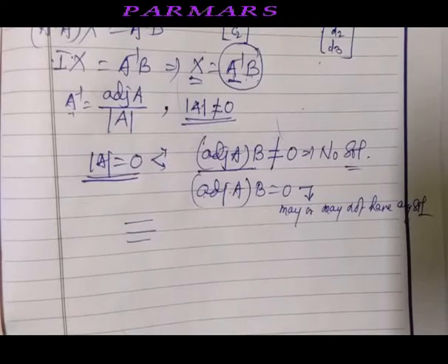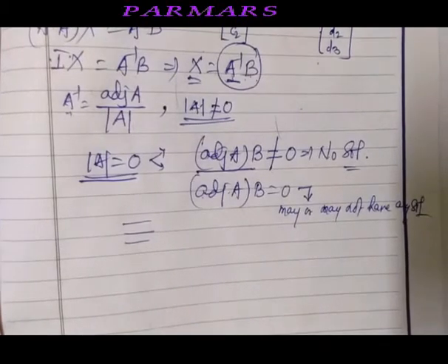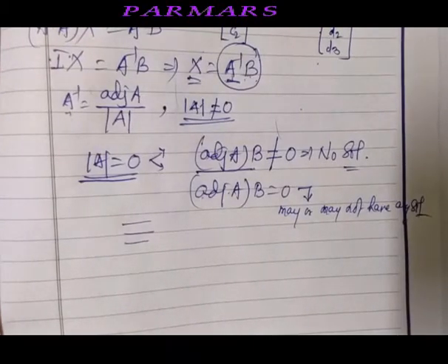So in the process of solving a system of linear equations, first we have to convert the linear equations in terms of the matrix multiplication method, AX equal to B. Then the next part is finding the determinant of A. Most of the questions have a non-zero determinant. Then find its inverse.